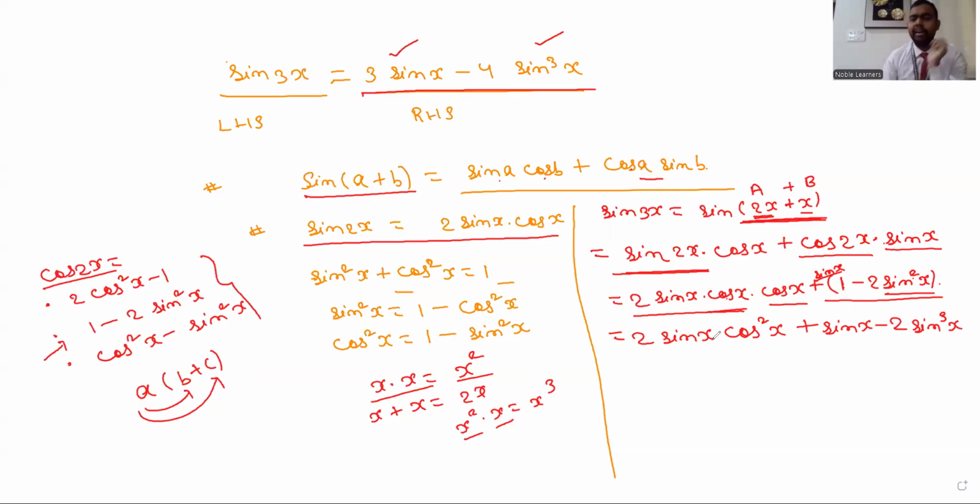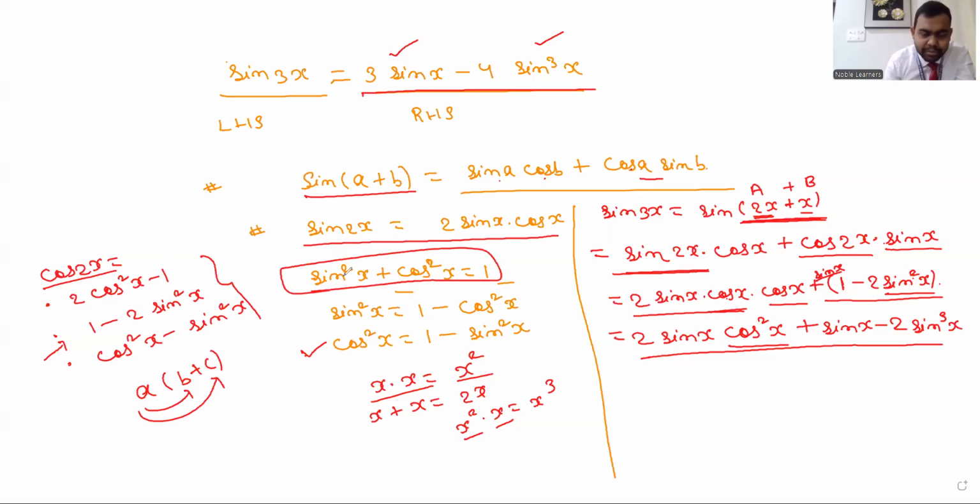And one more thing, if you see, everything is in the form of sine I have made, but there is one thing, that is cosine square x, that is not in the form of sine. So I need to turn this cosine square x into the form of sine as well. So for that, I will be using this formula, the first identity I talked about. So sine square x plus cosine square x makes 1.